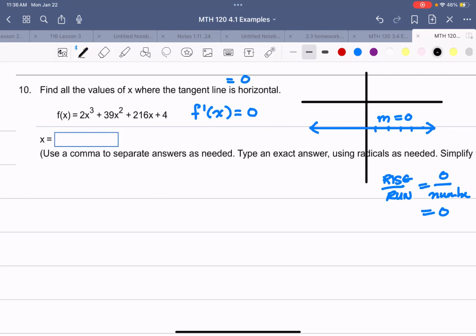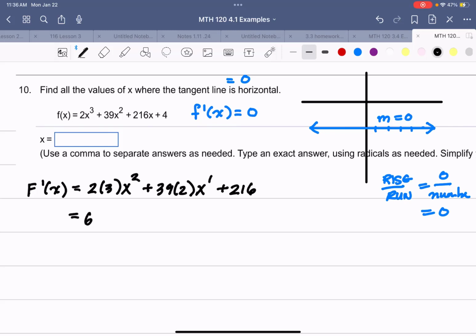So the first thing we do is we find f prime of x. So it's going to be 2 times 3, x to the 3 minus 1 is x squared, plus 39 times 2, x to the 2 minus 1, which is 1, plus 216, and then the derivative of 4 is 0.